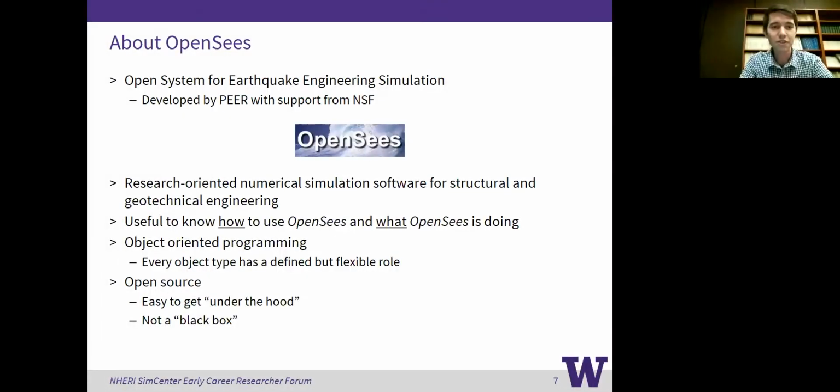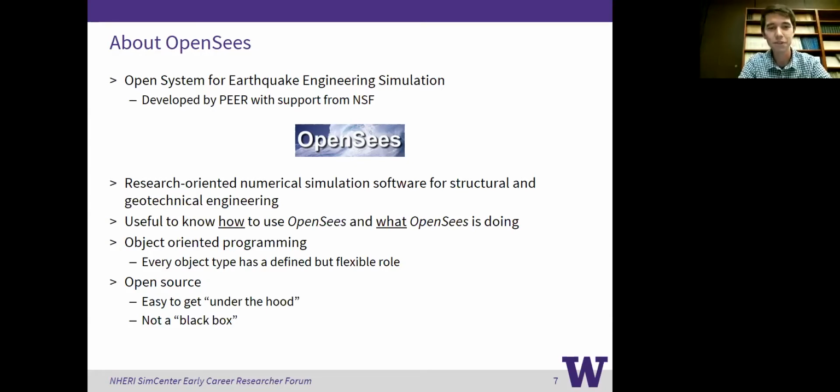So the other component of this is we're analyzing brace frames using OpenSees. And OpenSees, again, I think a lot of you are going to be familiar with this already, but it's the Open System for Earthquake Engineering Simulation, and this is software that was developed by PEER with support from NSF. And in large part, it's a research-oriented numerical simulation software for structural and geotechnical engineering.